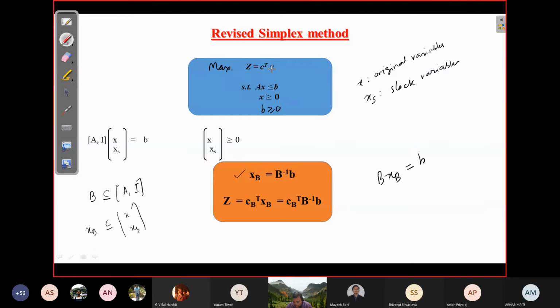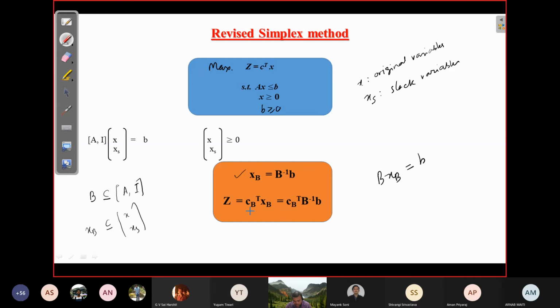Now, because from x and xs I have this subset XB, if I write Z as CB transpose XB, in effect it is the same, because the other variables which are part of x are 0, so they will not contribute to the objective value. So instead of writing c transpose x, I am writing CB transpose XB.